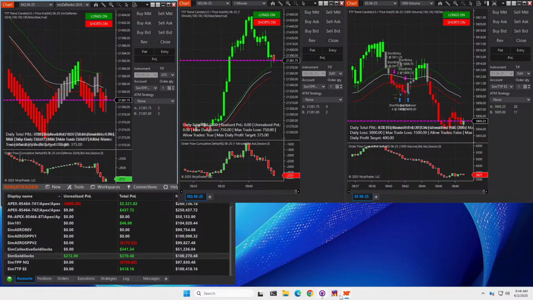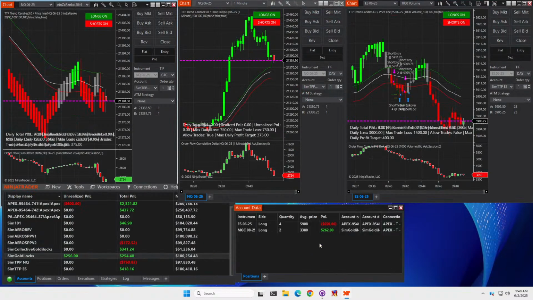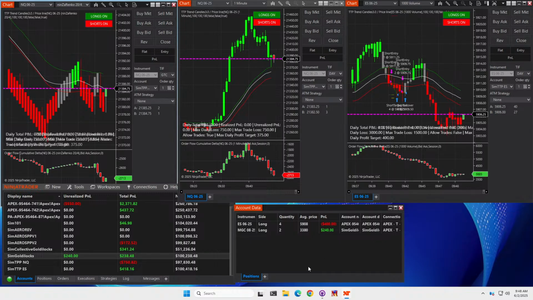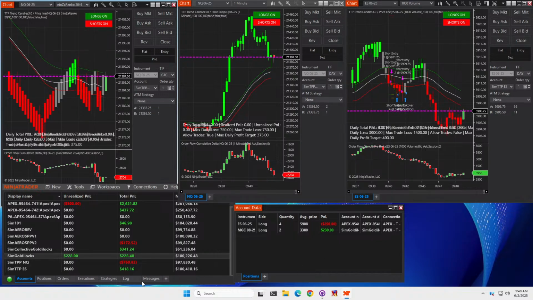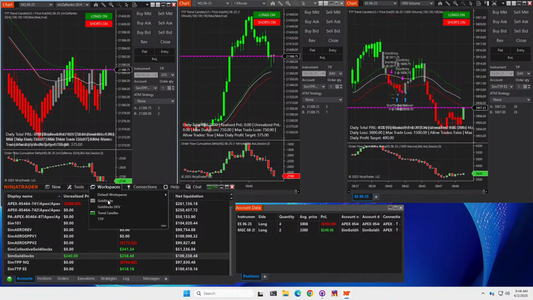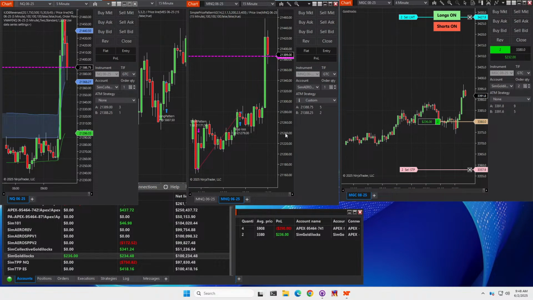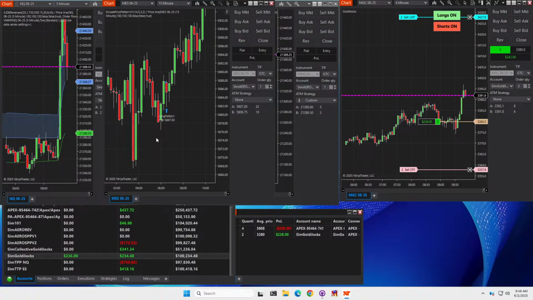And what trade is this thing in? ES. Why is it an ES trade? I don't see anything that's got an ES trade. Better manually do that one to see.